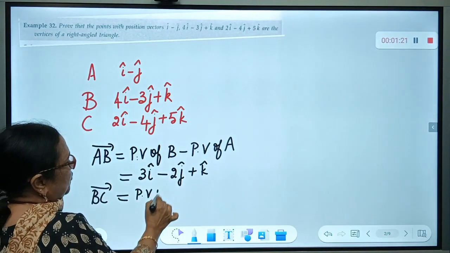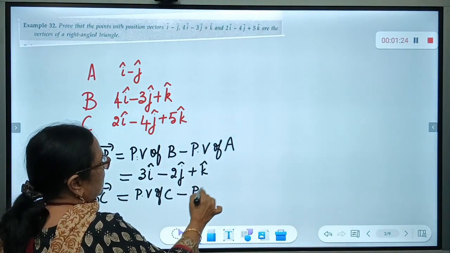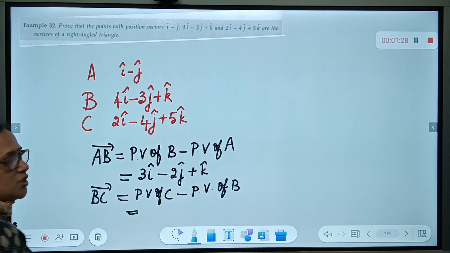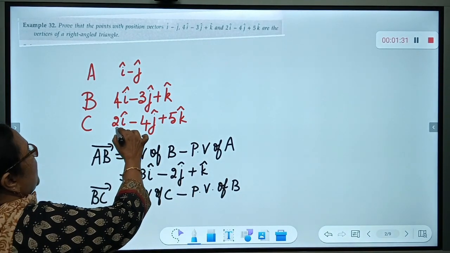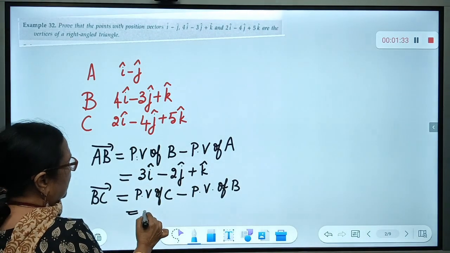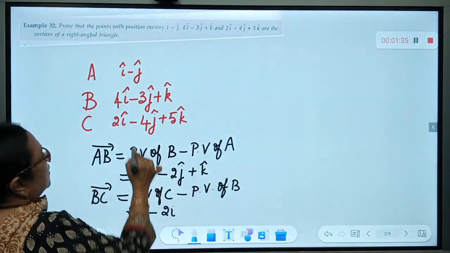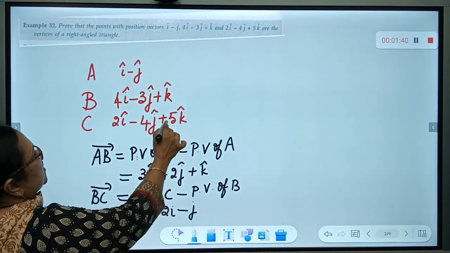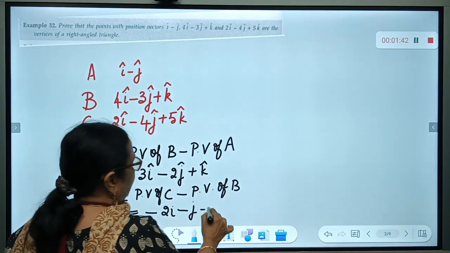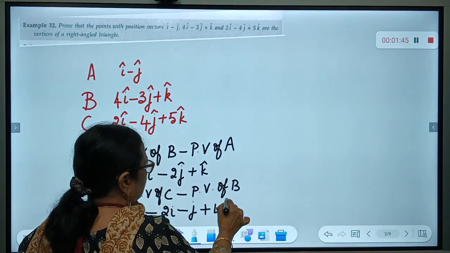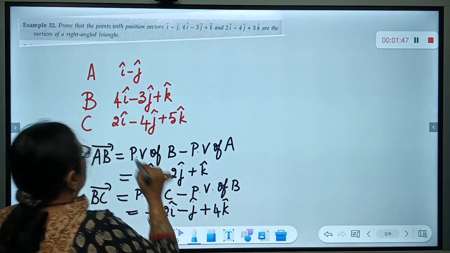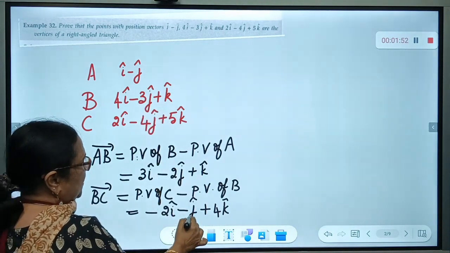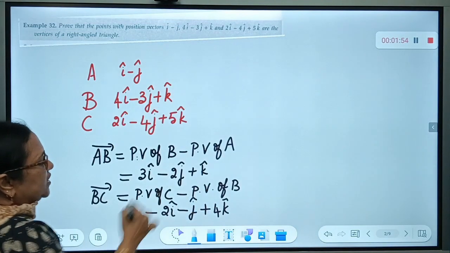BC vector will be position vector of C minus position vector of B. 2i minus 4i is minus 2i. Minus 4j plus 3j is minus j. 5k minus k is 4k.